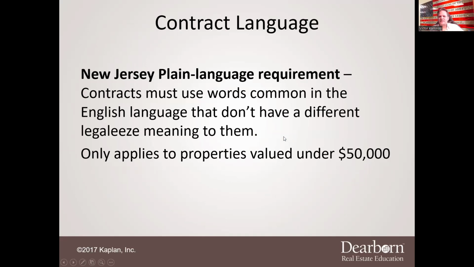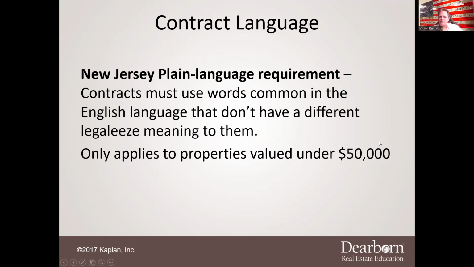And New Jersey has a plain language requirement for their contracts that basically states that all contracts have to use common words that are used in the everyday English language that don't have a separate legalese meaning to them. This was reduced to basically a blurb of 2 lines now in the book. It used to be almost a full page.